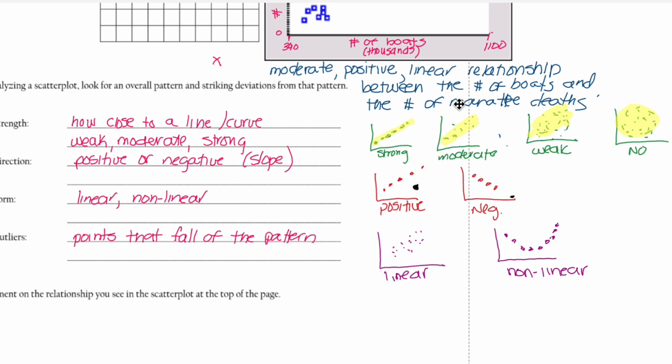If it's moderate, then it's a little bit away from the line, but you can still see a clear pattern. If it's weak, then you can see only a little bit of the pattern, and it starts to feel blurry. If there's no pattern, then it's basically just a cluster of nothing.